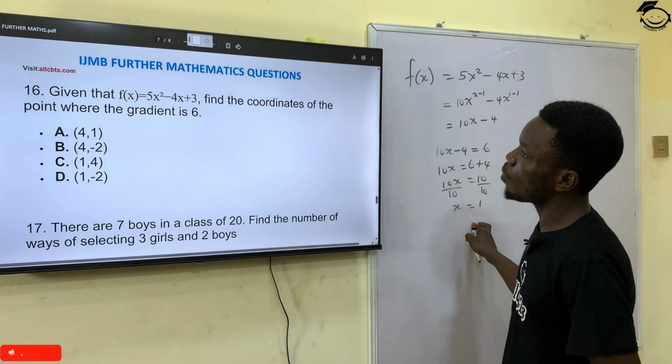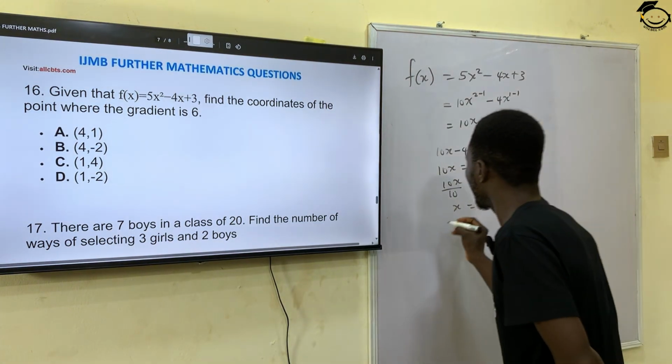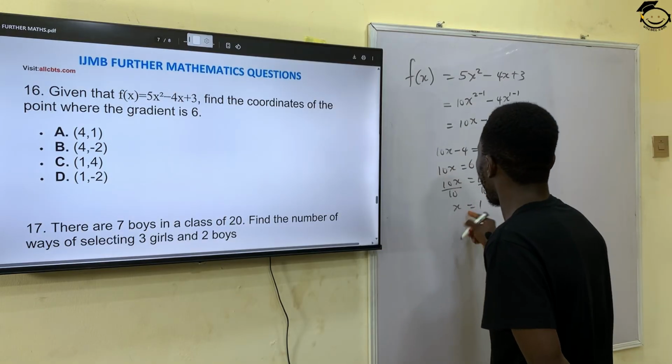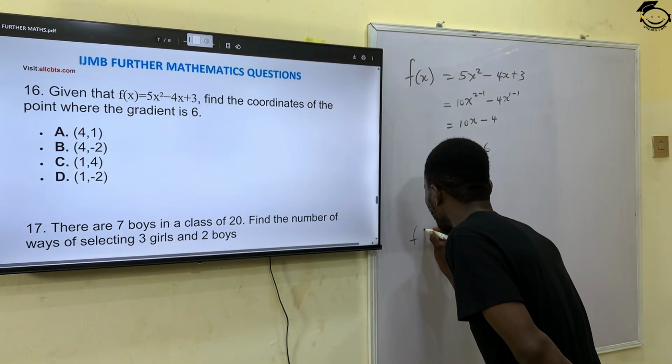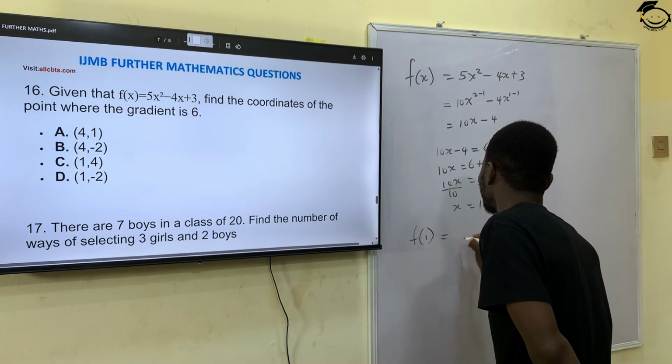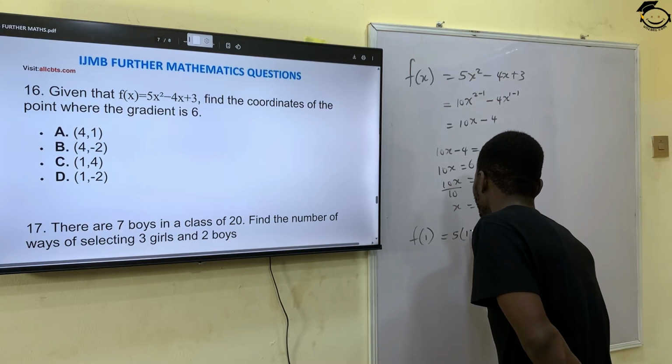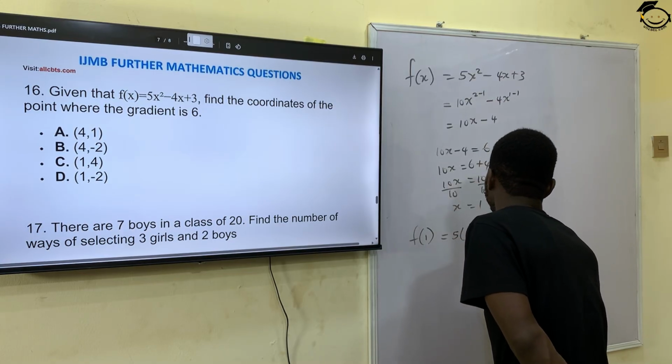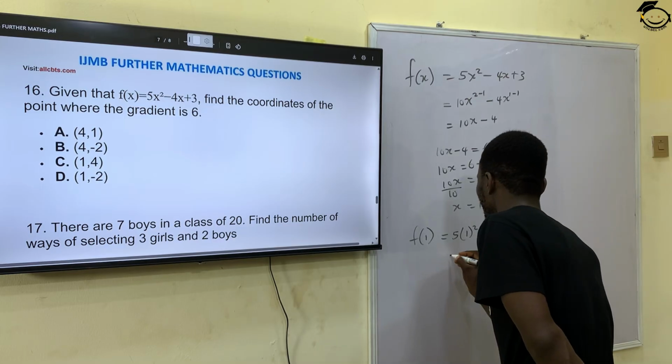So I will substitute this into my original function, since this is our x. I will substitute it into our f of x. So I have f of 1 equals 5 open bracket 1 squared minus 4 open bracket 1 plus 3.